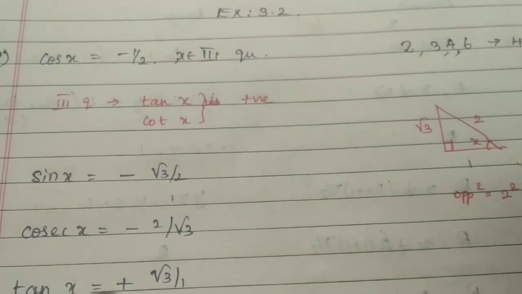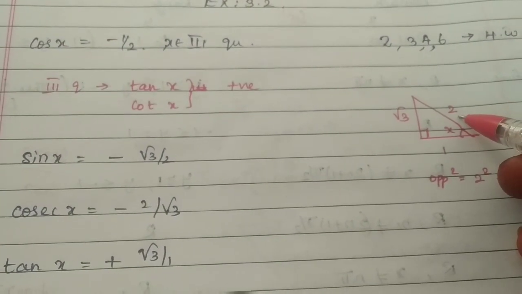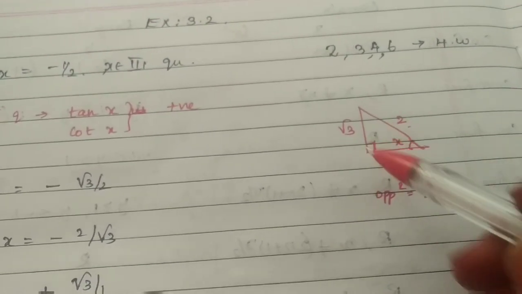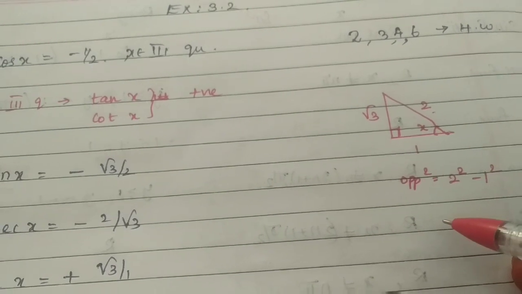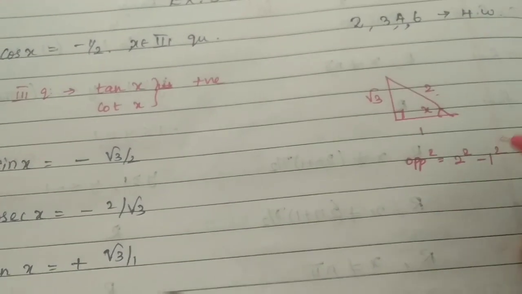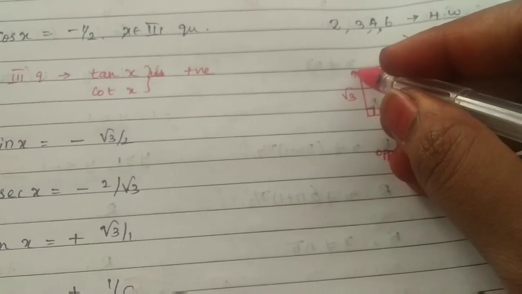Therefore adjacent side is 1 and hypotenuse is 2. By applying the Pythagoras theorem, you get opposite side squared equal to hypotenuse squared minus adjacent squared.